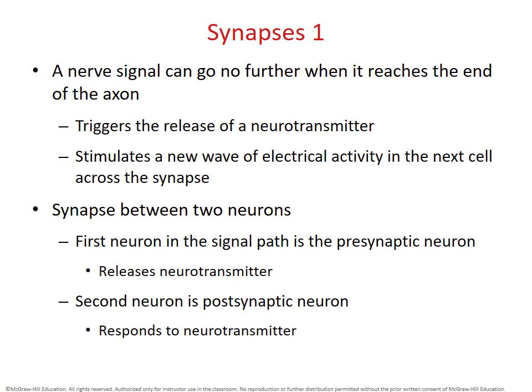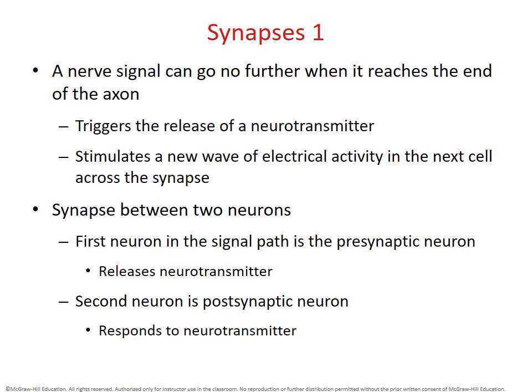So remember, action potentials or nerve signals are great for carrying messages long distances along an axon. However, action potentials and electrical nerve signals are not good for carrying the message from one cell to another. And it doesn't matter whether that next cell is another neuron or a muscle cell or a gland.